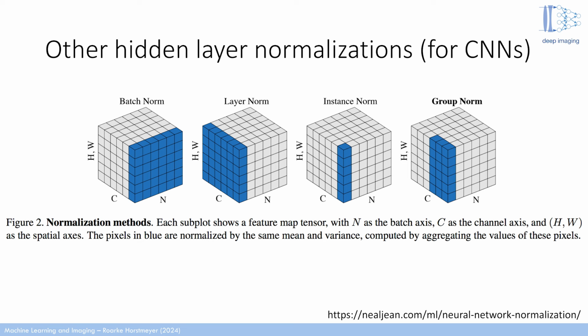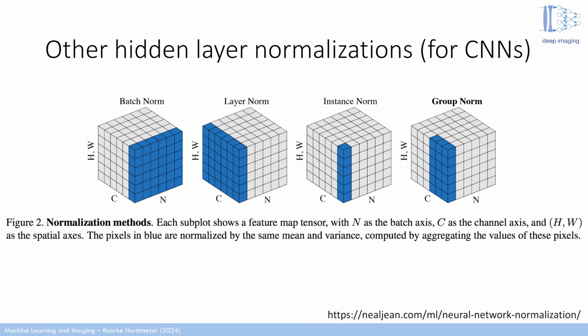So here's a data cube where the spatial dimensions are shown vertically, the height and width of the image, the number of channels in the layer is shown with C, and the number of examples is shown as N. So you have the freedom to apply normalization along different dimensions of this data cube.